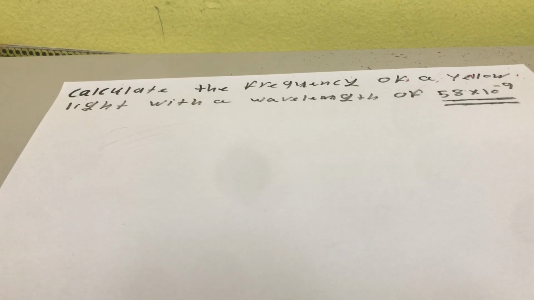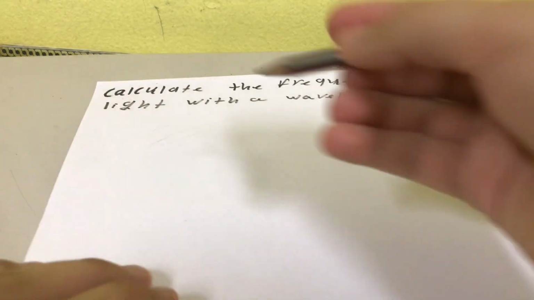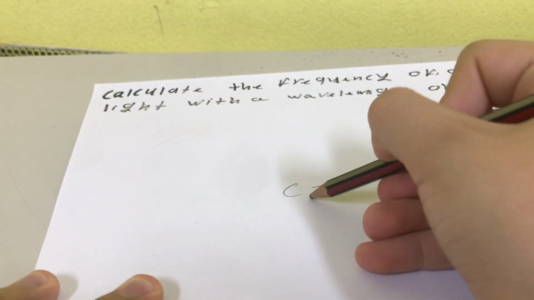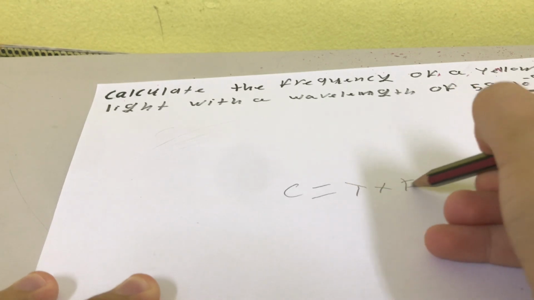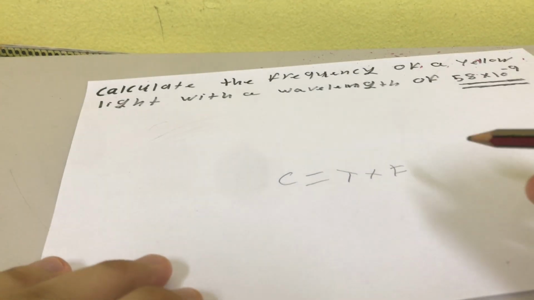Here's another example. Calculate the frequency of a yellow light with a wavelength of 58 times 10 raised to the negative 9th power. If we have a relation between frequency in light and a wavelength, we use the formula C equals wavelength times frequency, or V, it doesn't matter.